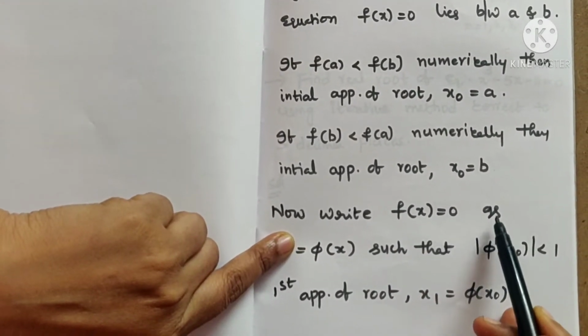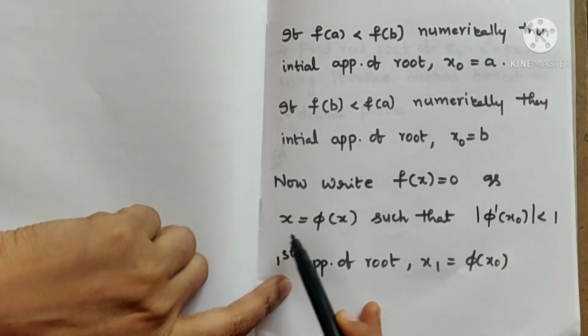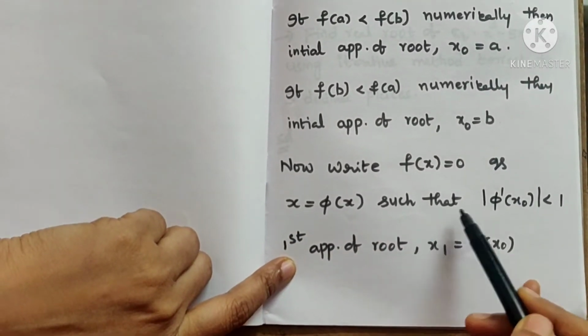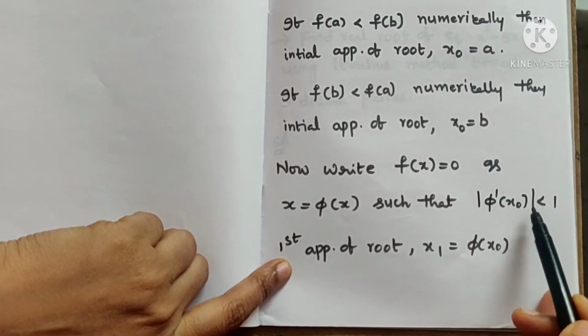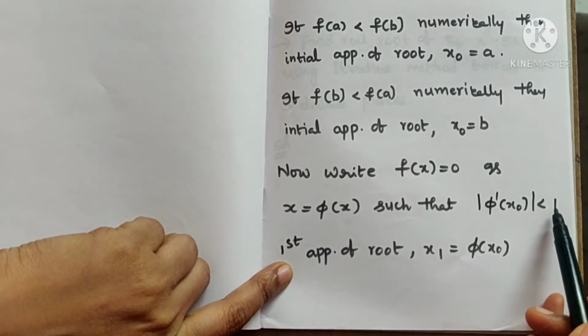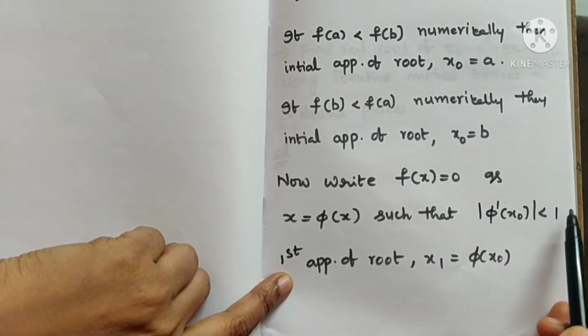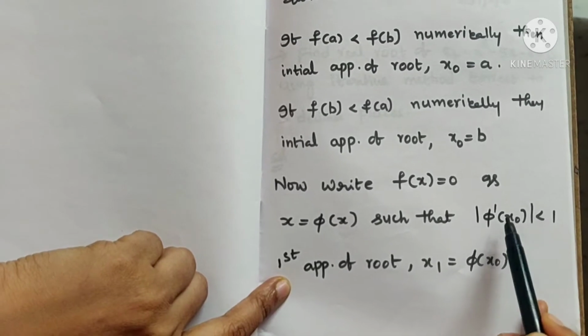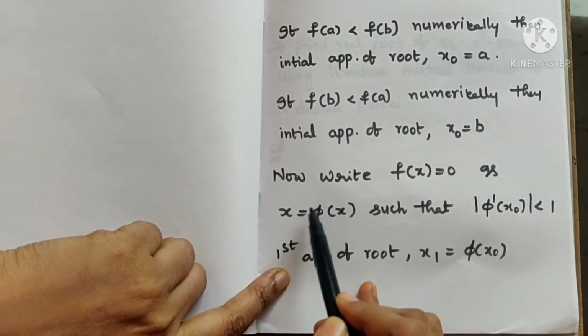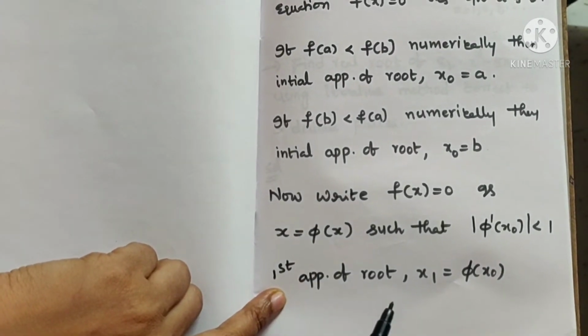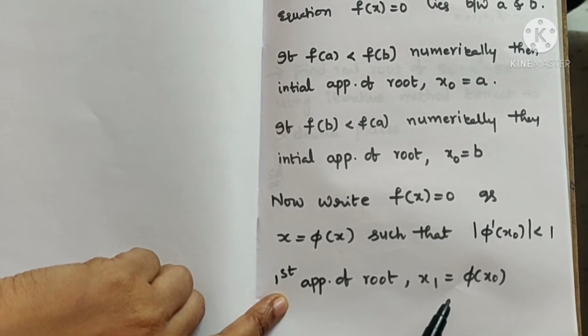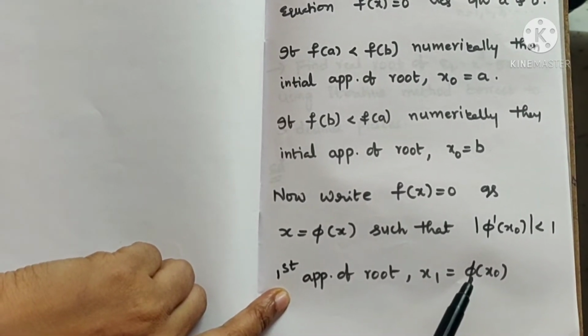After considering the initial approximation, take the equation f of x equal to 0. Write f of x equal to 0 as x equal to phi of x such that modulus of phi dash of x0 is less than 1. If modulus of phi dash of x0 is less than 1, such a phi of x is going to be useful in calculating the approximate root in the iteration method.